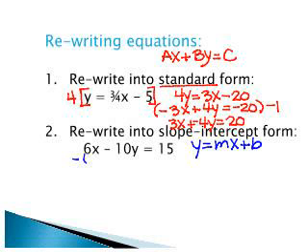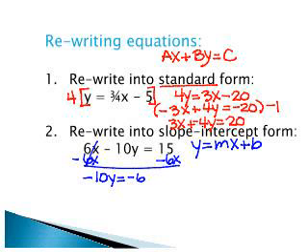So I'm going to subtract the 6x from both sides. And I get negative 10y equals negative 6x plus 15. But I have to get y all by itself, so I'm going to go ahead and divide everything by negative 10.